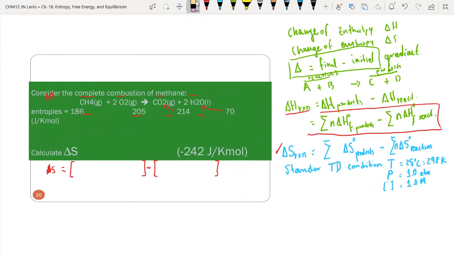So what we can delete is the delta. But the n, of course, we need because we need the stoichiometry of the equation.